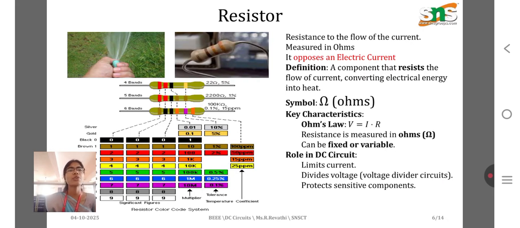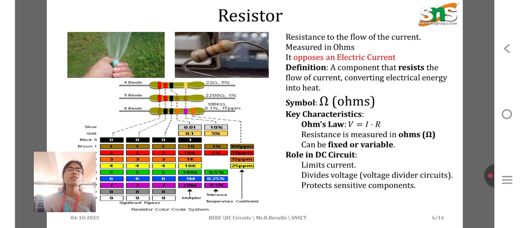The resistor resists the flow of charges. It is measured in ohms. Resistance value identification uses a resistor color coding chart, which has black, brown, red, orange, yellow, green, blue, violet, gray, and white. These color codes indicate the value, a multiplier band, and the tolerance.